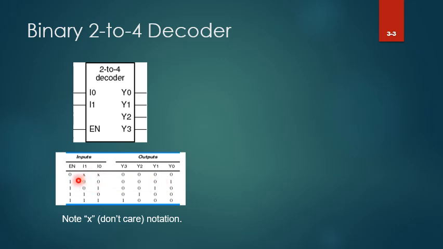For instance, this row shows the binary number received is 00, then the output that has index 00 will be turned on, whereas the remaining outputs will be off. Okay? When the input is binary number 01, then the output holding index 1 will be turned on, whereas the remaining will be 0, and so on.